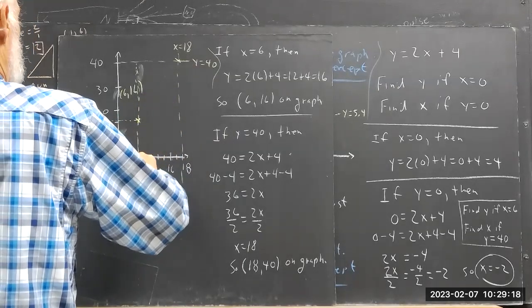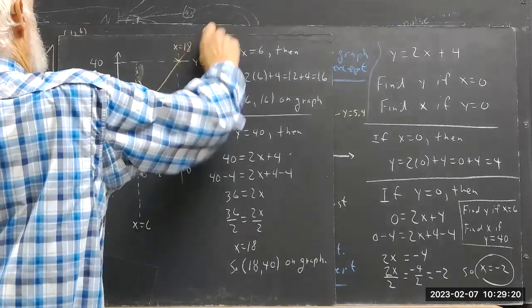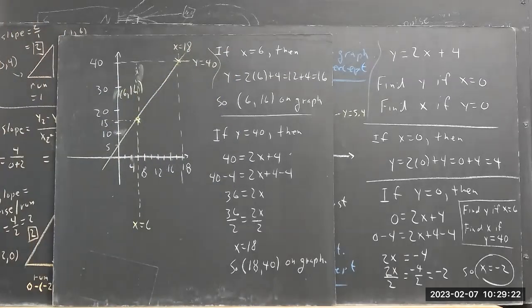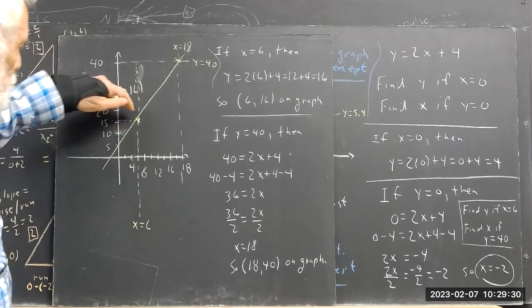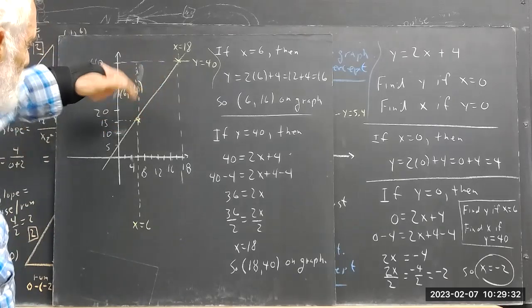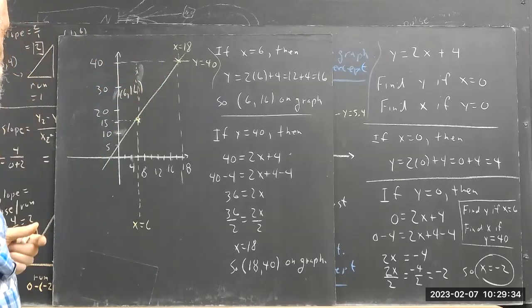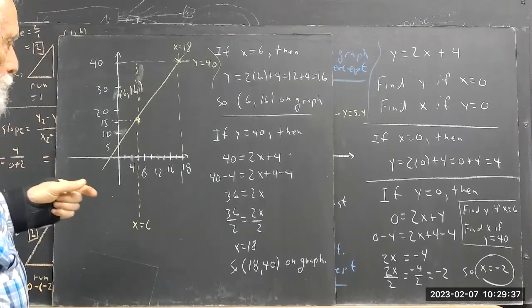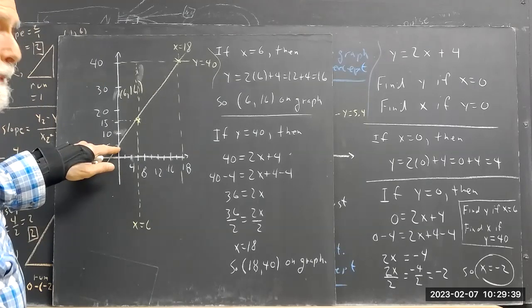Now, if I sketch a straight line through these points, something like this, right? Okay. Now that was a little too steep. I missed this point. It should have come down a little bit. It's supposed to go through 0, 4, which would be about here.